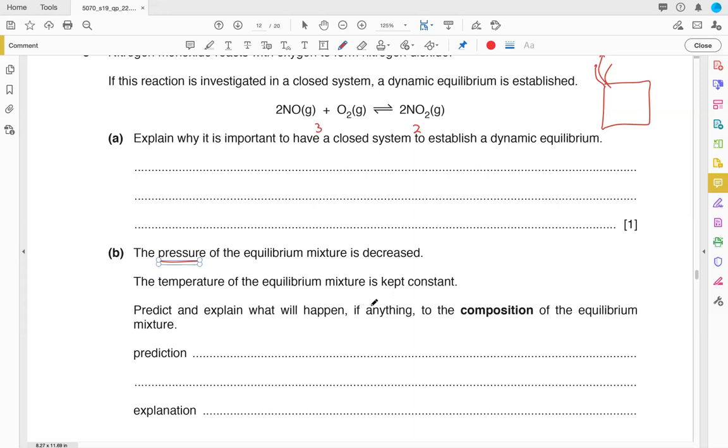Predict and explain what will happen, if anything, to the composition of the equilibrium mixture. You see the word composition is bold, because you have to pay particular attention to what is in it, the reactants and products, and you should refer to those in your answer. Okay, so first of all, let's see how the equilibrium will change. If you have higher pressure, the things that are greater in number will collide more per unit time.